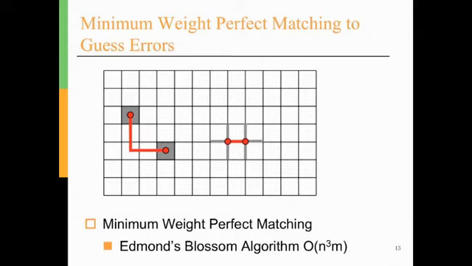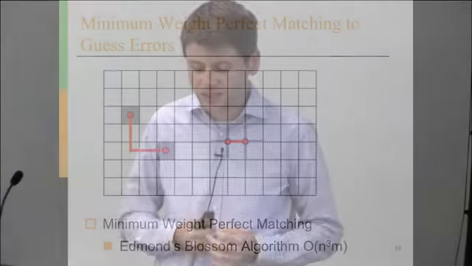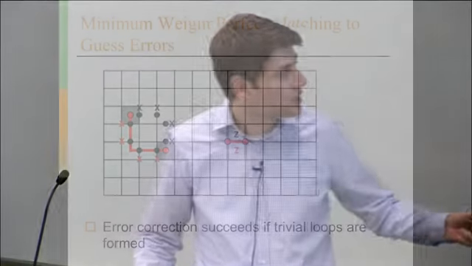So once we measure our syndromes, we can use minimum weight perfect matching to guess how these syndromes should be connected. You can use Edmonds' Blossom algorithm, for example, to do this. And then once we connect the pairs of matching syndromes, we will correct.